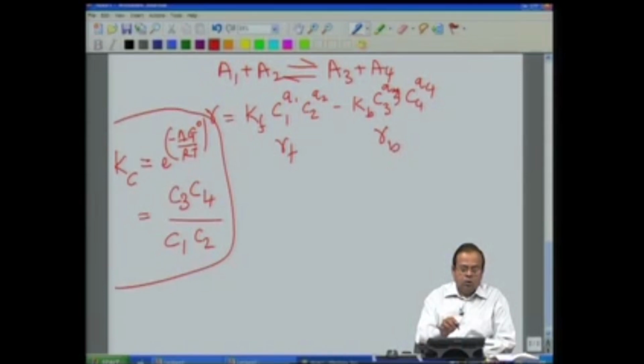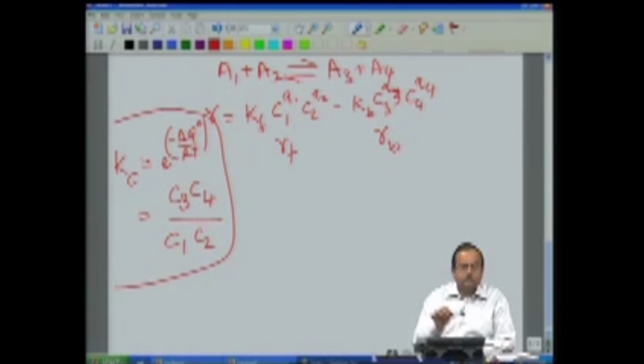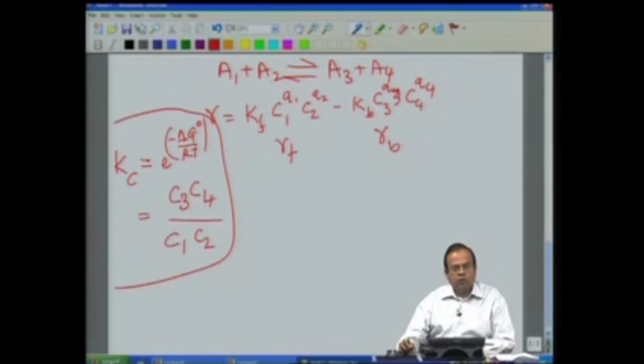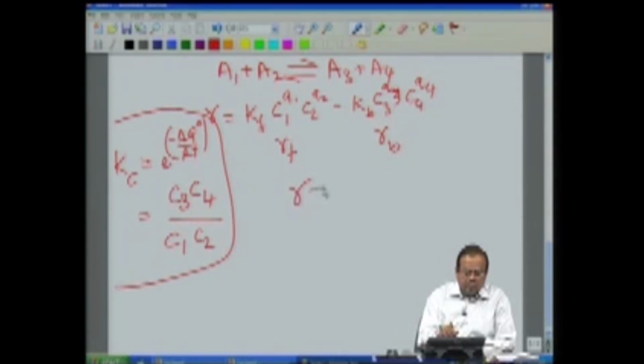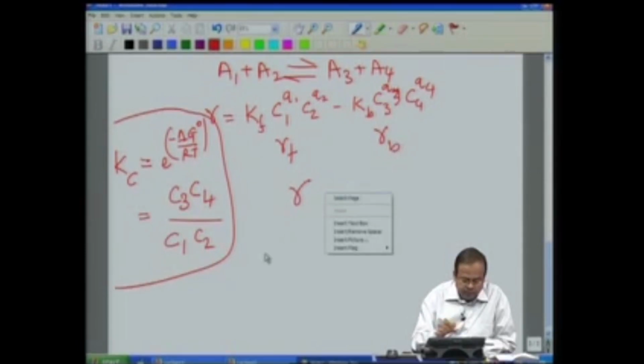We also talked about what is actually happening: at equilibrium, this forward rate of reaction is counterbalanced by the reverse rate of reaction. So, if that is the case, then what is the rate at equilibrium?